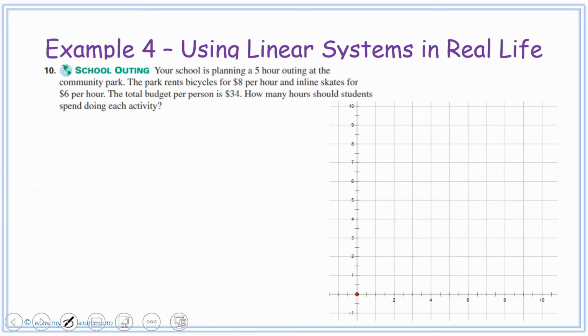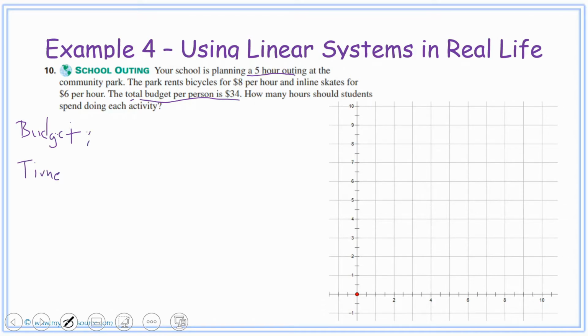You have a total of 5 hours, and a total budget of $34. So one linear equation represents your budget, and one way to find these is to always look for the totals. It makes it easier. The other one represents your time.